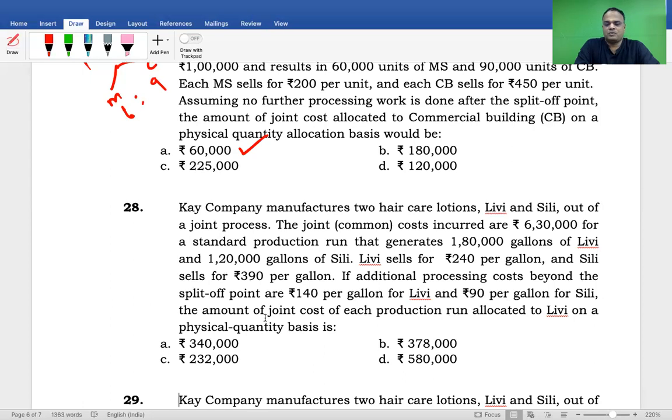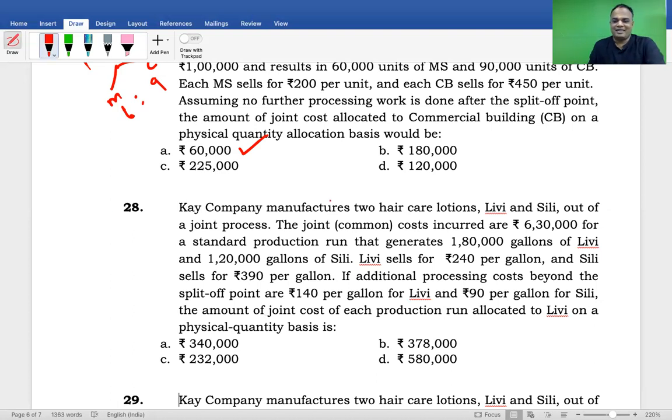Livy sells for 240 per gallon and Silly sells for 390 per gallon. Additional processing costs beyond the split off point are 140 for the first product and 90 for the second product. What is the amount of joint cost allocated to Livy on a physical unit basis?